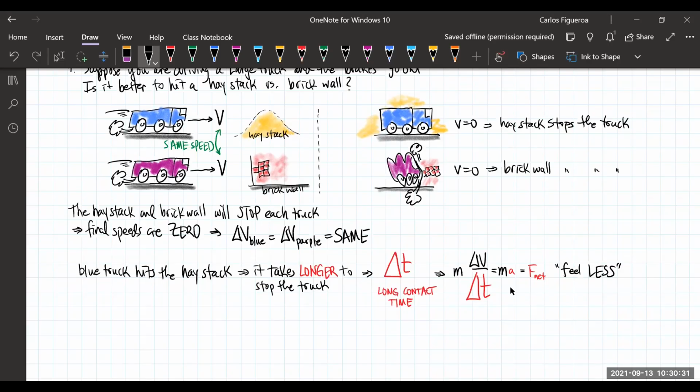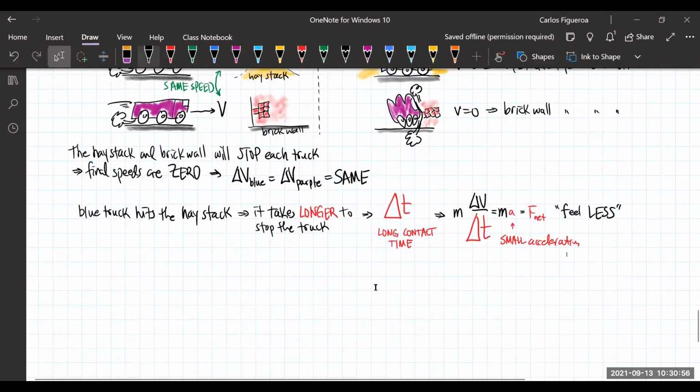They feel less, because the long contact time tells you that you have a small acceleration. Maybe I should have written this: you have a small acceleration, which then means you have a small net force, or you feel less.